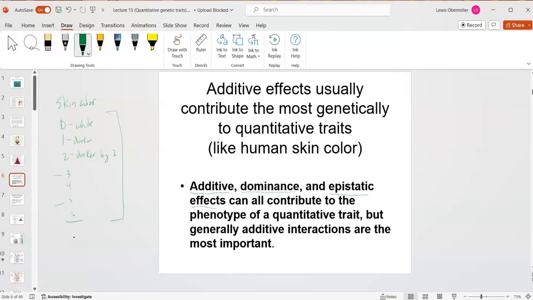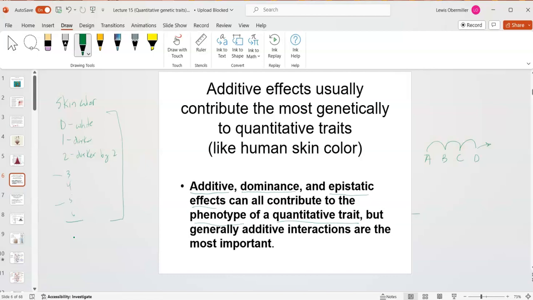So they could be in a pathway. So rather than just additive, we talked about this, we have A to make B to make C to make D, and then that's our final product. And we know that that would give us a weird ratio.